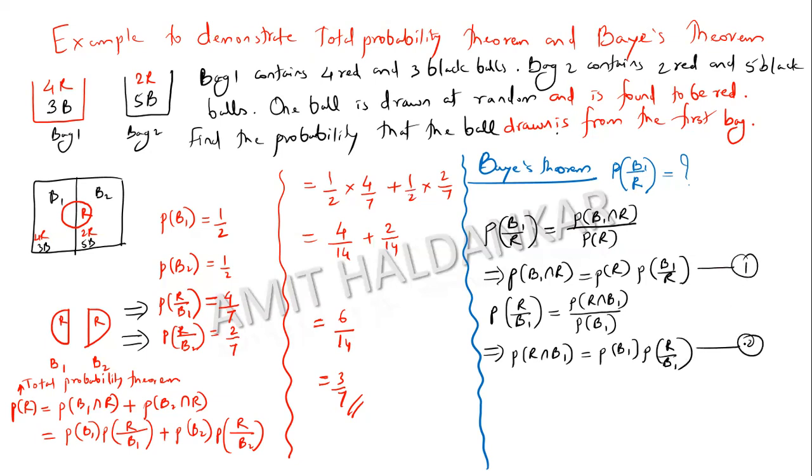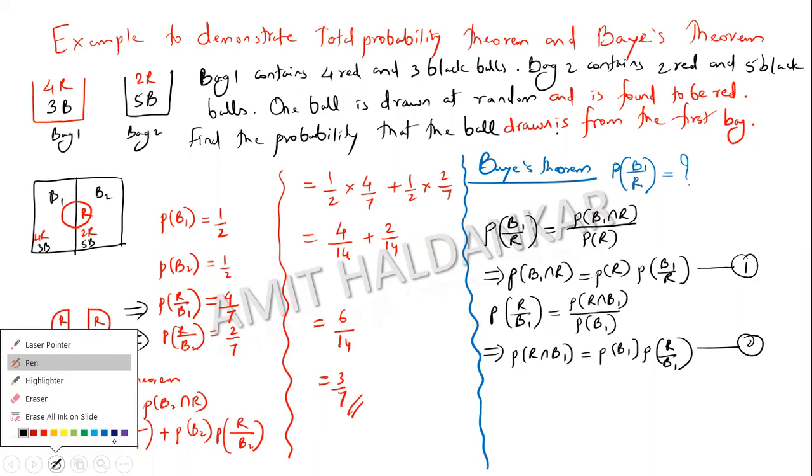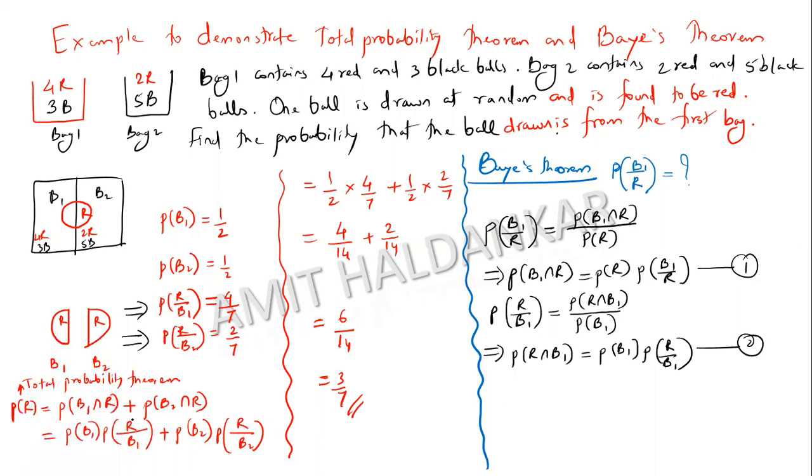If I equate these two, can I say P of R intersection B1, P of R intersection B1.